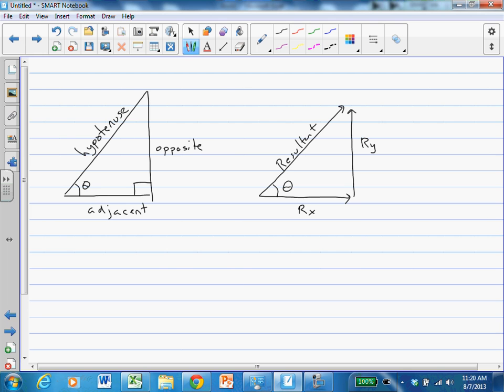So looking at this, the ratio of the sine of theta here, which is O over H, we could see the sine of theta equals the opposite, which is Ry, over the resultant, which we'll call R. So solving that gives you Ry equals R, but it's a vector, sine theta.